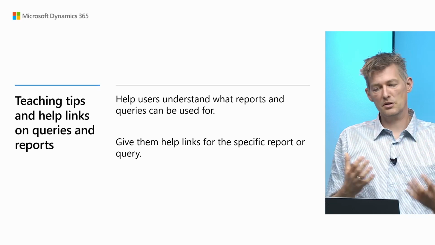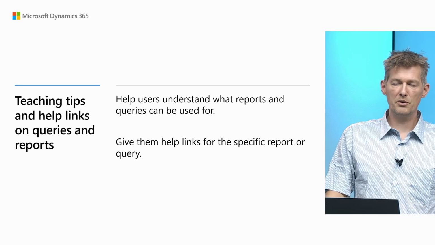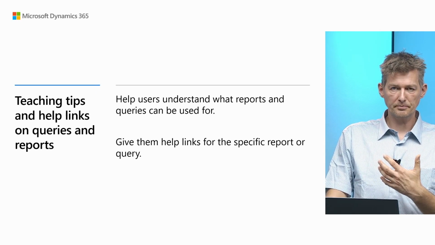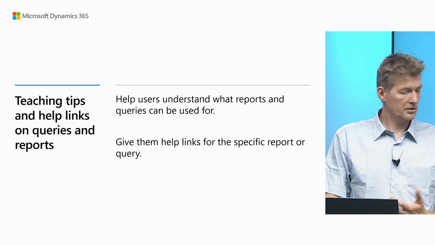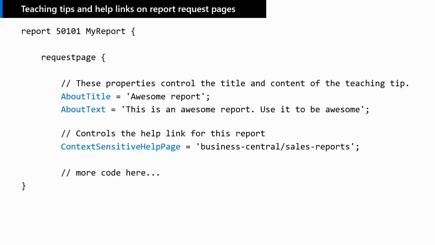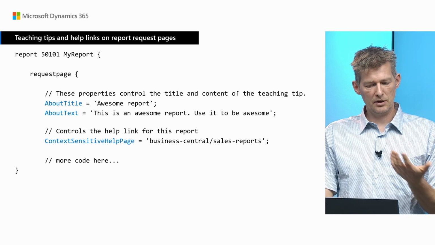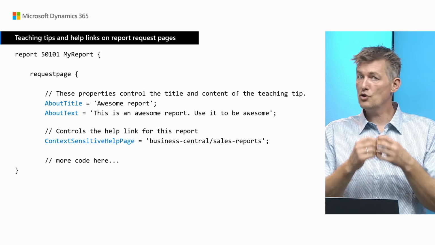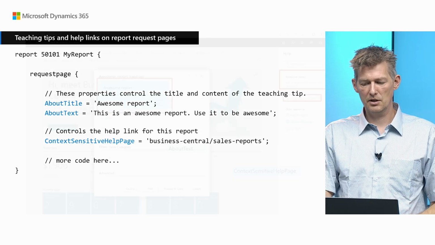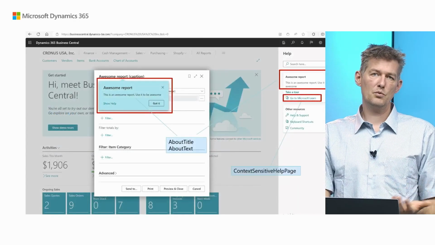So it works just the same as what you would expect on pages. So in code, it's the same thing. On the request page for a report, you add about title, about text, and context-sensitive help page, just like you would do on a page. And look, it just works.